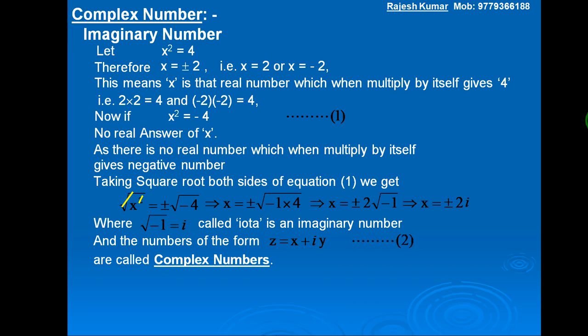Put this as equation number 2. In equation 2, x is called real part of z and written as x is equal to capital Re, meaning real part of z, z meaning complex number.